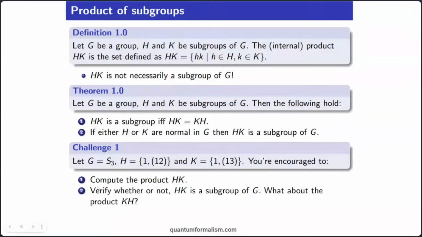So the challenge is that you compute HK, as of this definition, and then verify whether HK is a subgroup of G. On top of that, I encourage you to compute the product KH and see whether that's also a subgroup. It's possible that none of them are subgroups, but it's just a computational challenge for you to see this thing in concrete action.